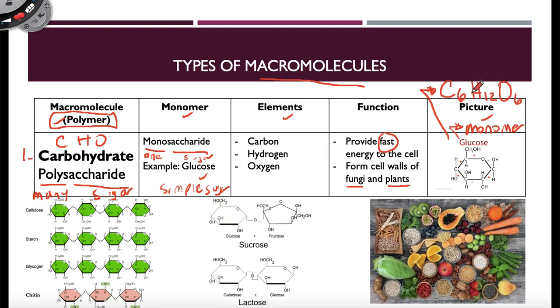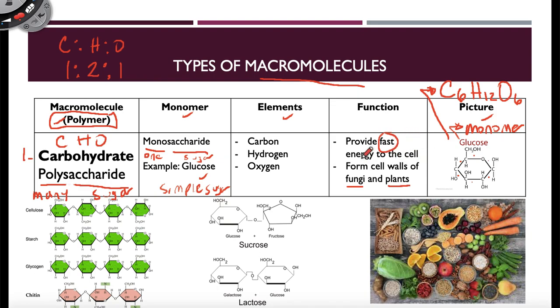This ratio of carbon, hydrogens, and oxygen is pretty common in these carbohydrates. So we see a ratio of 1 to 2 to 1 of carbon, hydrogen, and oxygen in carbohydrates.